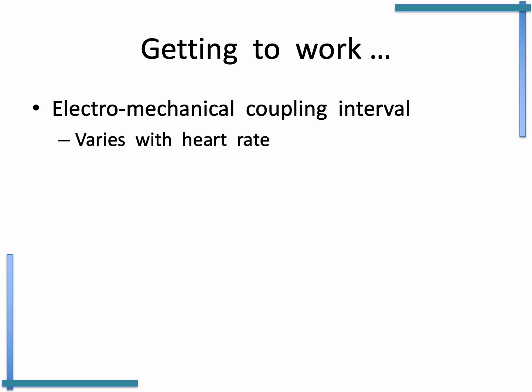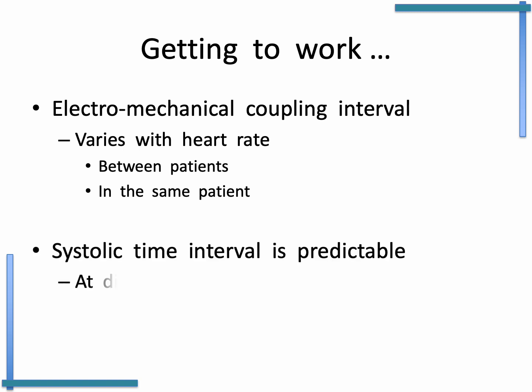And that amount of time that lapses between electrical activation and muscle contraction varies with heart rate. It varies with heart rate between patients, and it varies with heart rate in any individual patient. But what's important is to know that the systolic time interval is predictable.